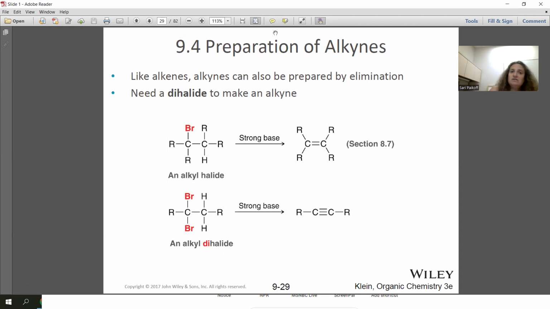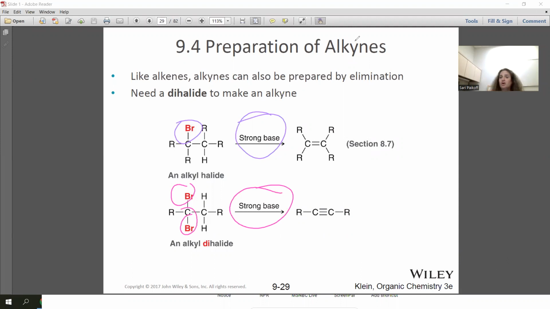And with elimination, you need a leaving group and a strong base, or a weak base if it's E1. For an alkyne, you have to do that twice. So you need 2 leaving groups and probably a stronger base. Because when you think about the mechanism, pulling the proton and getting that reaction from the alkene is going to take a stronger base than it initially did to do it a second time.